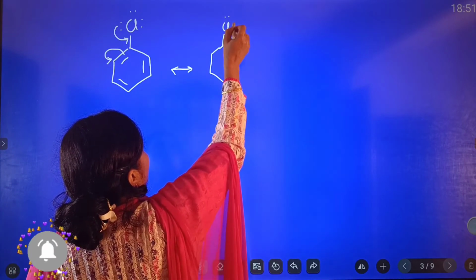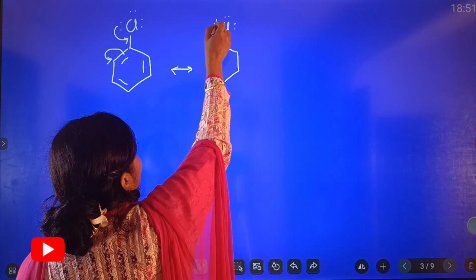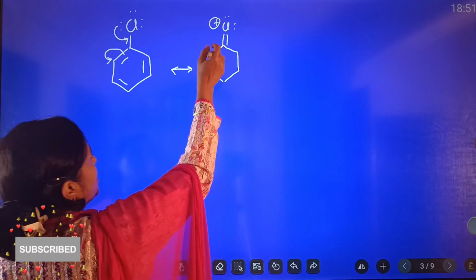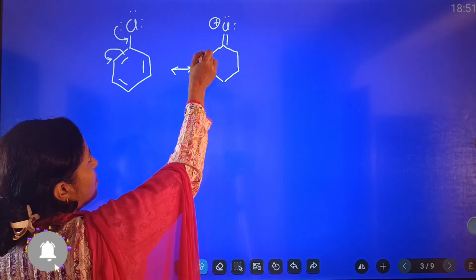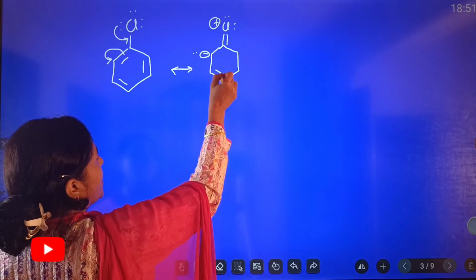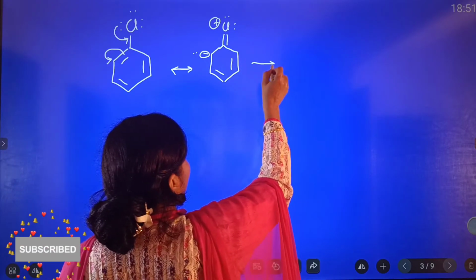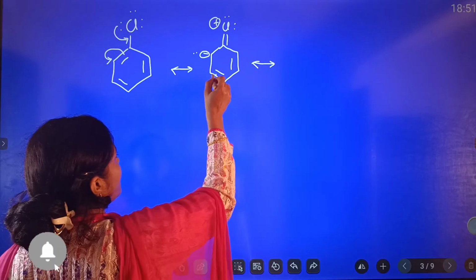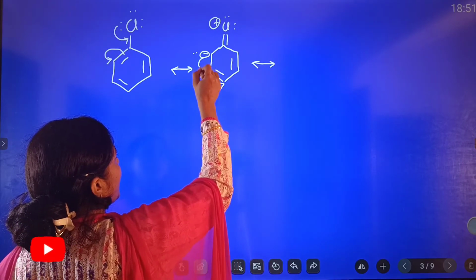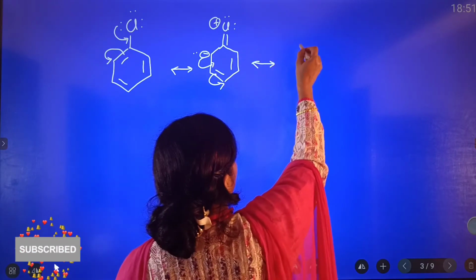Now you see only 2 lone pairs of electrons with the chlorine atom having a positive charge. Since this bond has come over here, it has a negative charge. Now in the next step, this bond will come over here and this electron will form a bond.